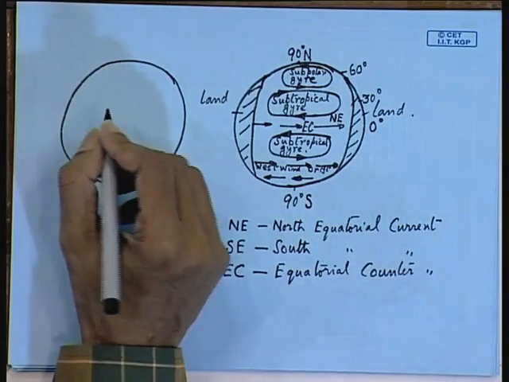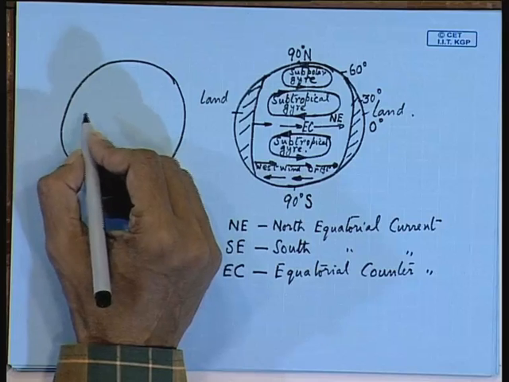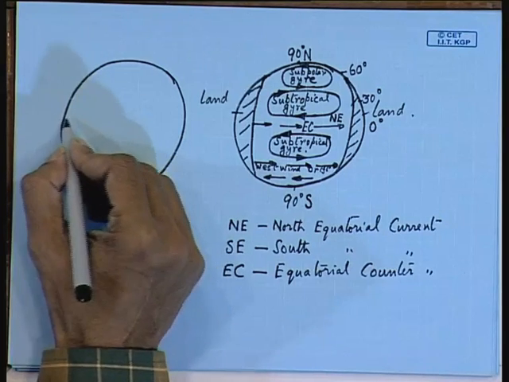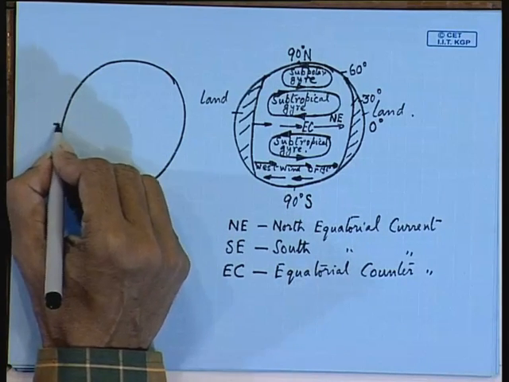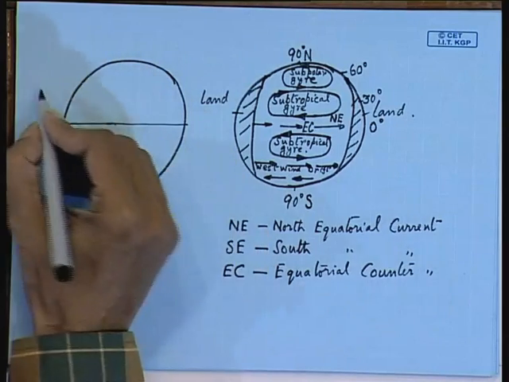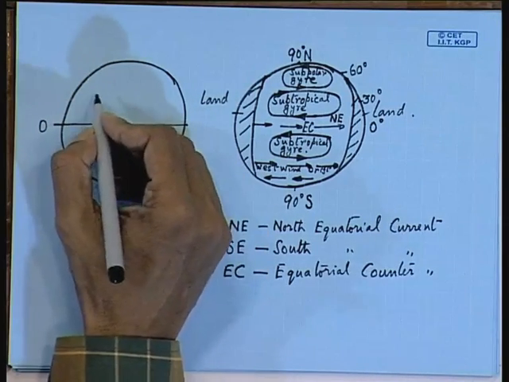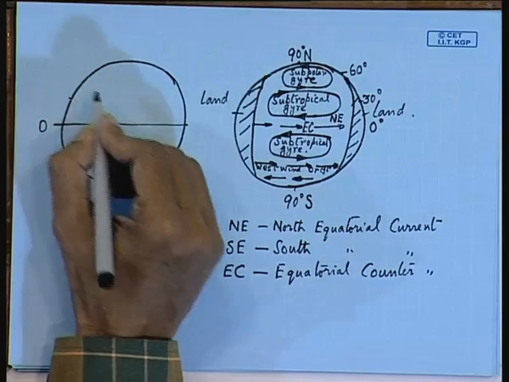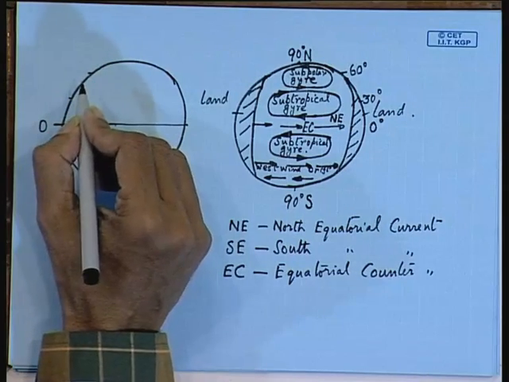Now, if you happen to have a look at the wind distribution, it will be like this. This is 0 degree latitude, or you have 30 degrees and 60 degrees, let us say, out here.